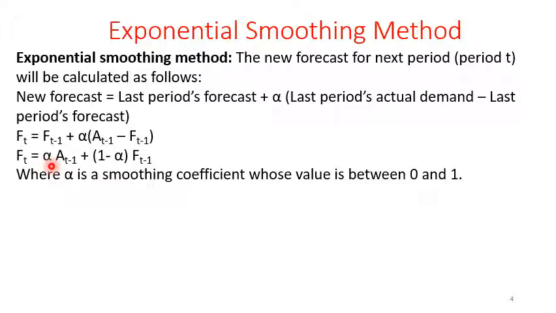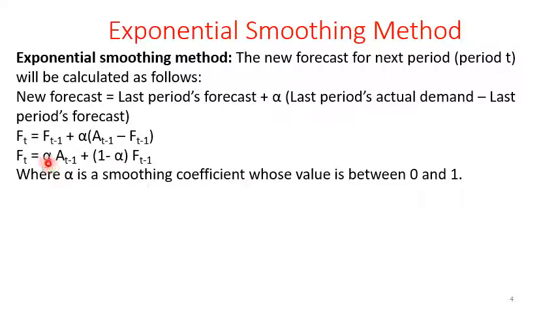So don't get confused. The next period here refers to the period for which we are going to find the new forecast. Here alpha is the smoothing coefficient whose value lies in the range of 0 and 1.